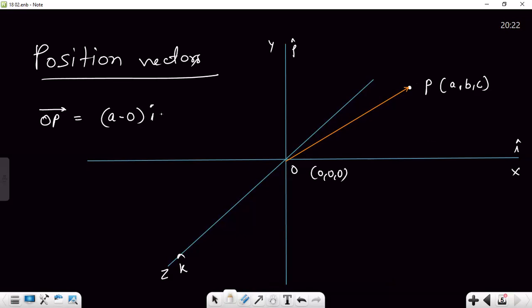So A minus 0 i cap plus B minus 0 j cap plus C minus 0 k cap. So the OP position vector comes out as A i cap plus B j cap plus C k cap.